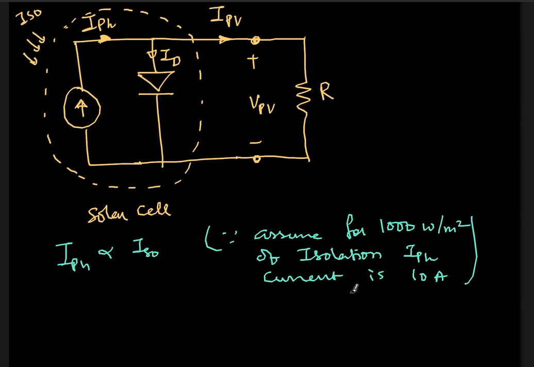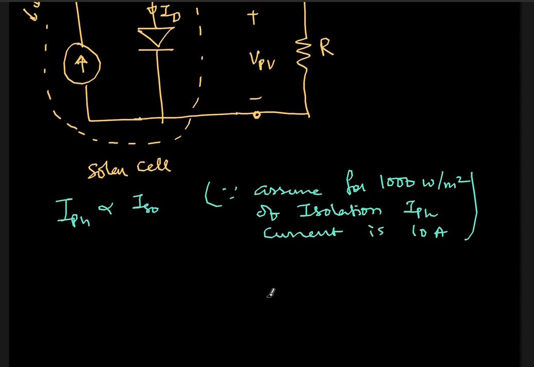This is just an assumption. As you see, the whole point is to explain the Newton-Raphson method, so don't worry about the in-depth details of the solar cell. This is just an equation, you can consider it.